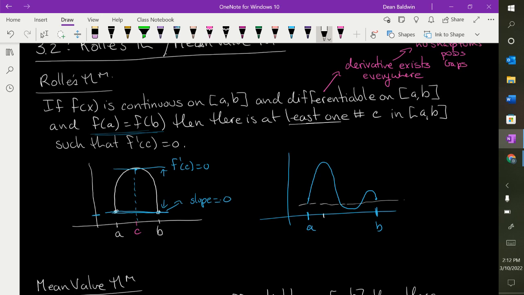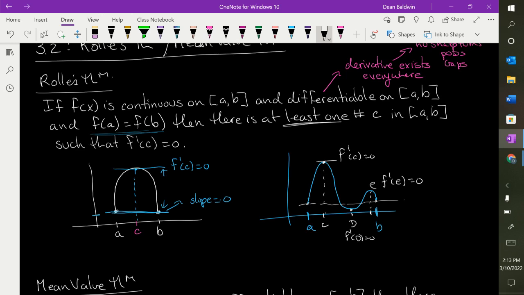It says at least one, but there can be more. In the case that I have right here, there's one right there. That's going to have f prime of c is equal to 0. One right here, call that d. f prime of d would equal 0. And if you call this one e, f prime of e will equal 0. You will have a max or a min somewhere because the graph has to turn to get back to its original height, the two endpoints.